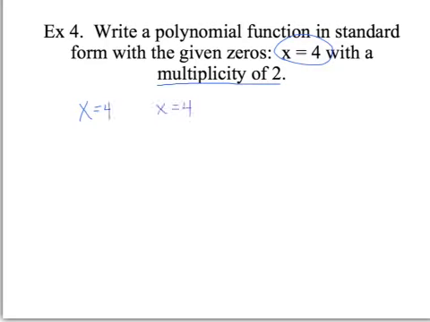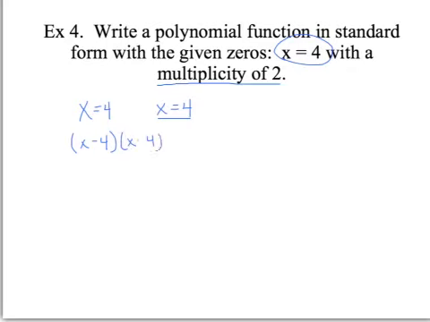So we write it as x equals 4 2 times. Now you're going to take the 0 and you're going to rewrite it as a factor. So be thinking about the factor theorem. If 4 is a 0, then x minus 4 is a factor. And it's again going to occur 2 times.